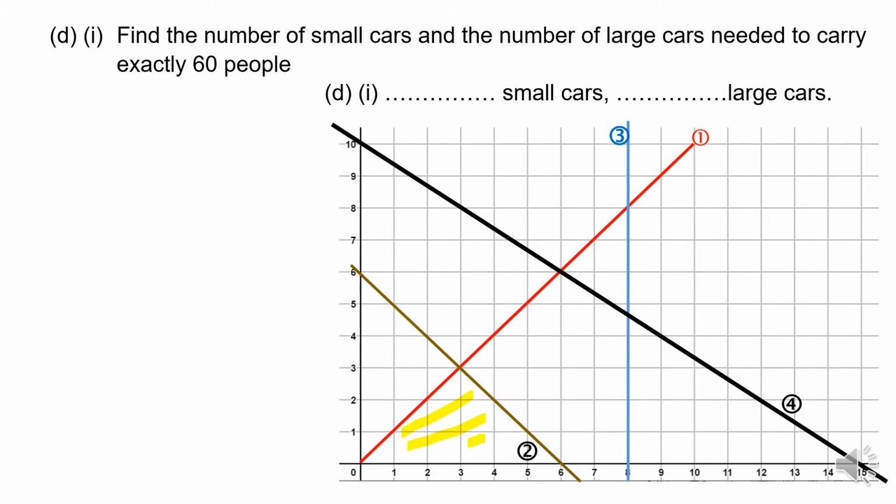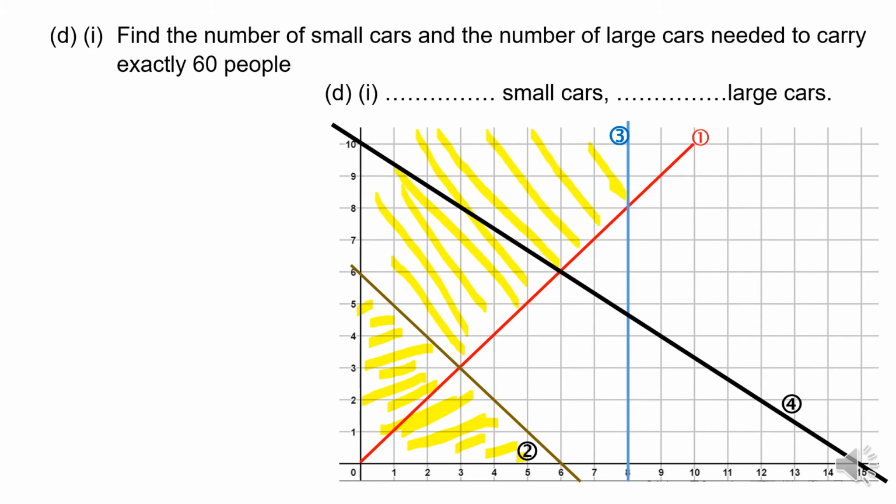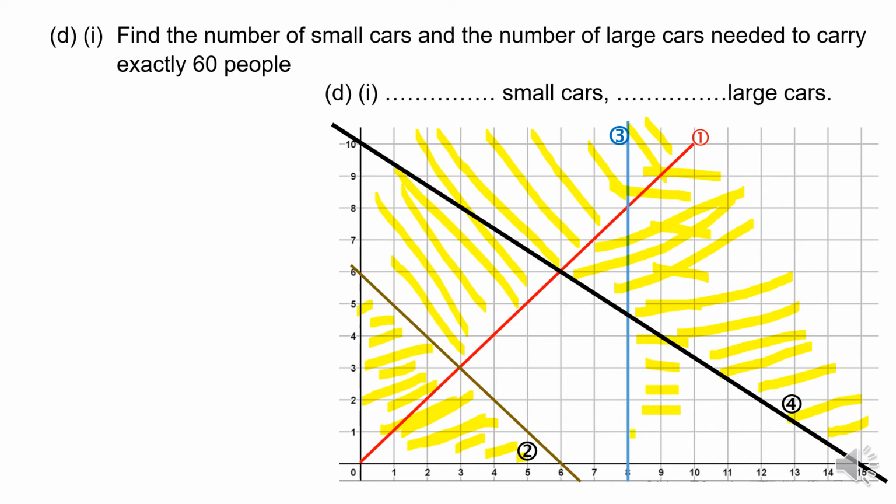The part below was shaded here, as well as the part above was shaded for that particular line, as well as this part was shaded for that particular line, and then for the vertical line, the part that was shaded. So our region was this part that you can see that I have left unshaded.